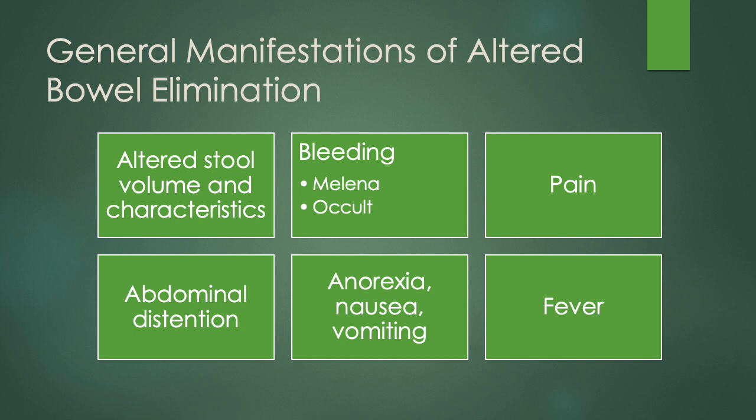You can note if there's any bleeding; normally if it's dark stools, we call that melena. Or if we have an occult stool, and normally we do a sample with this, a hemoccult sample, it tells us if there's bleeding in the tract or not. Then you can look at pain, fever, anorexia, which means in this case that the individual is not eating. You have nausea and vomiting, and then you can have abdominal distension.